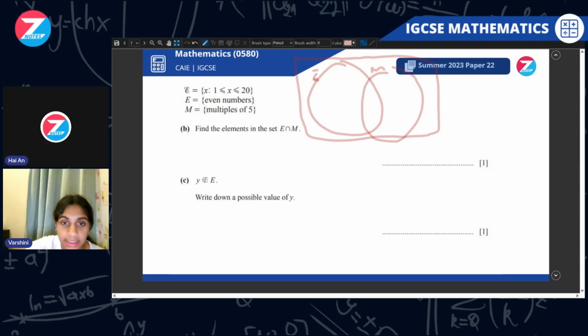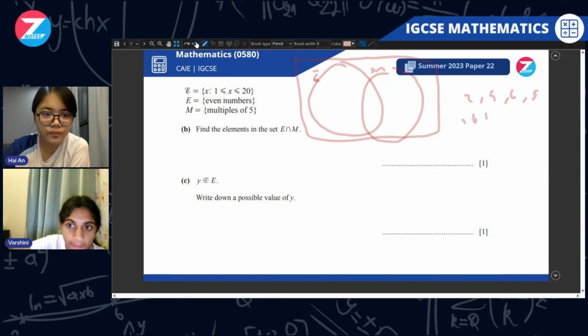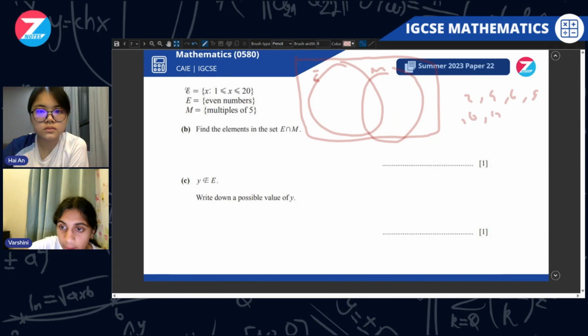E is all the even numbers, so if we list them out, it's going to be 2, 4, 6, 8, 10, 12, 14, 16, 18, 20.